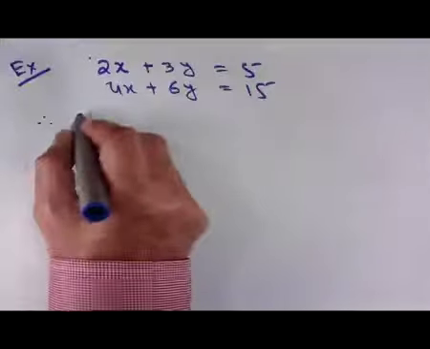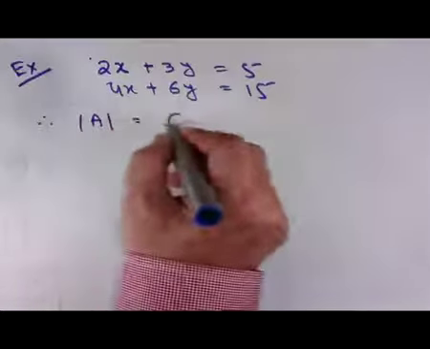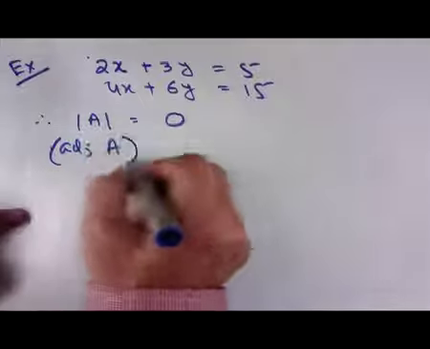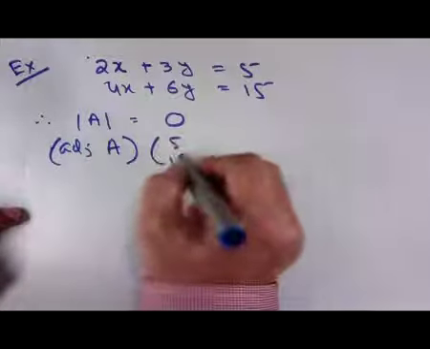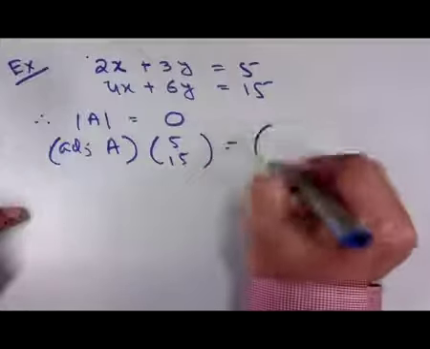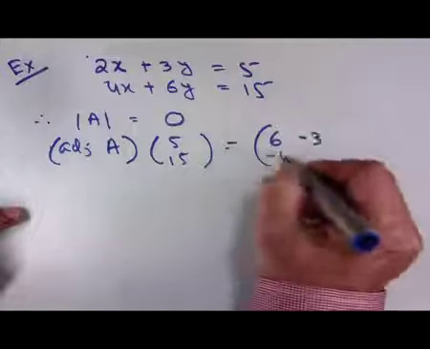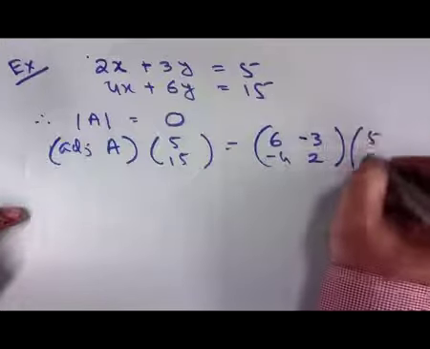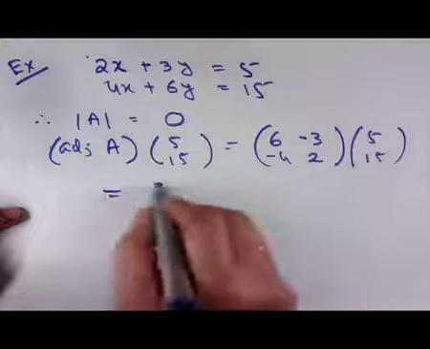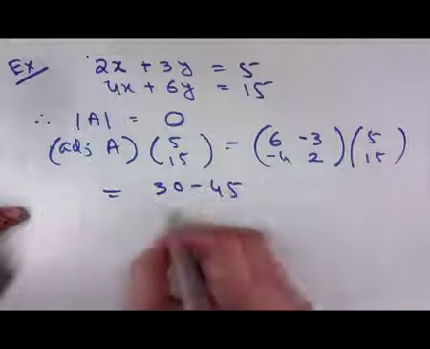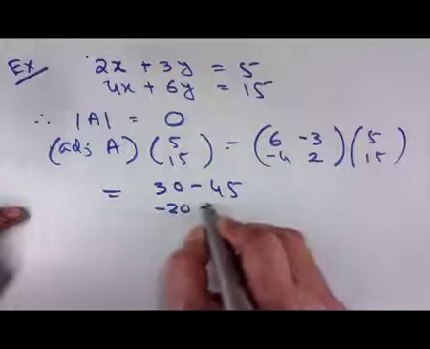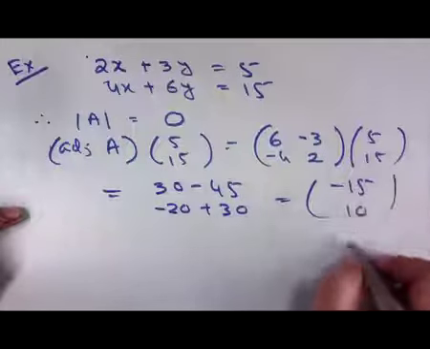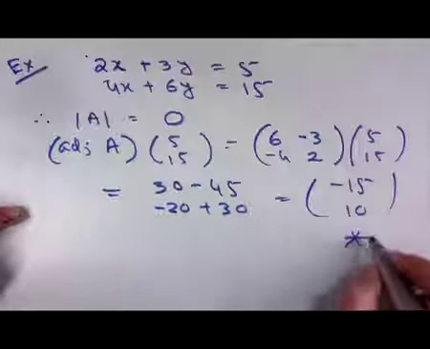Therefore, determinant of A is equal to 0 and adjoint of A into the B vector is equal to 6 minus 3, minus 4 2, multiplied by 5 and 15, is equal to 30 minus 45 and minus 20 plus 30, is equal to minus 15 10. This is not a 0 vector.